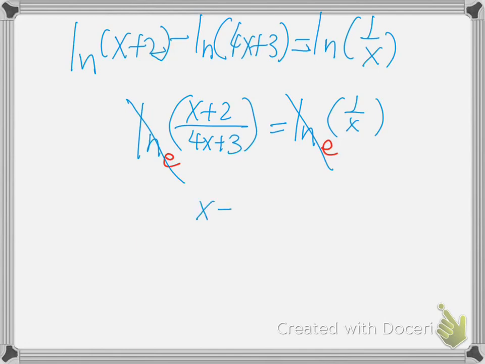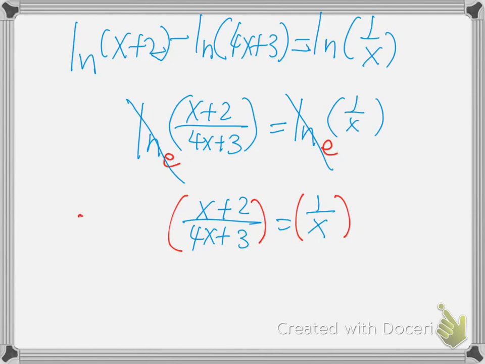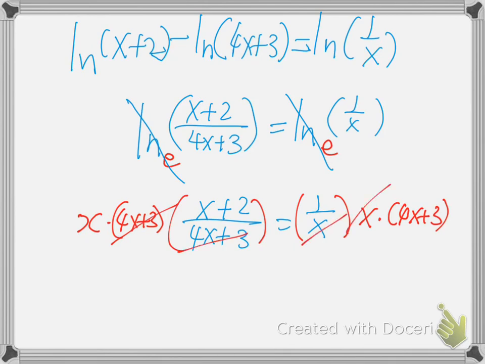So we get a new equation of two fractions. Now we solve this equation. We multiply both sides by the two denominators, x times (4x plus 3). On the left hand side, these two cancel. On the right hand side, x cancels. So we have x times (x plus 2) is 1 times (4x plus 3).